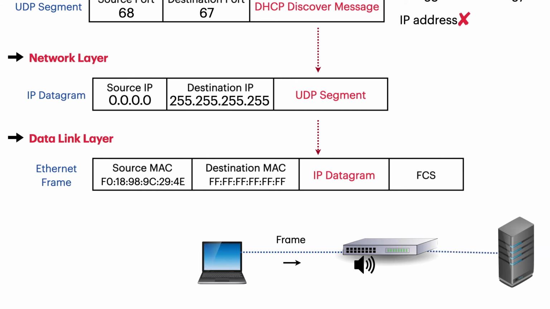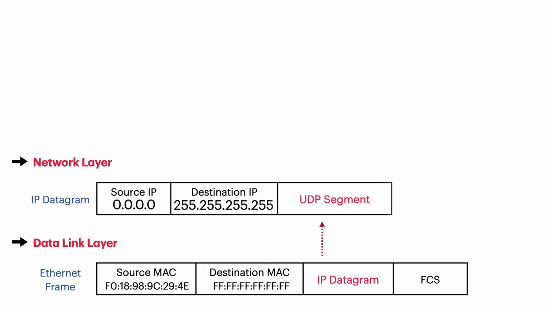The DHCP server is also connected to one of its ports, so it receives the transmitted frame. On receiving the Ethernet frame, the DHCP server extracts the IP datagram from it. The broadcast destination IP address indicates that the IP datagram should be handled by the upper layer protocols.